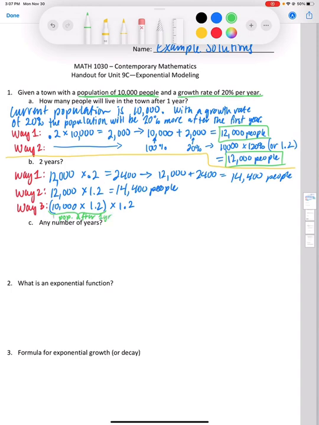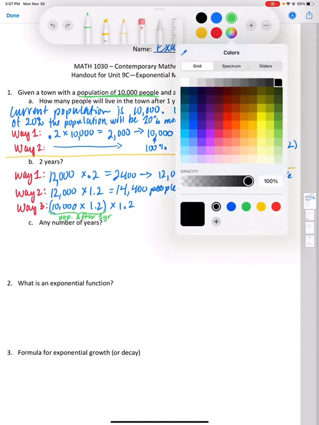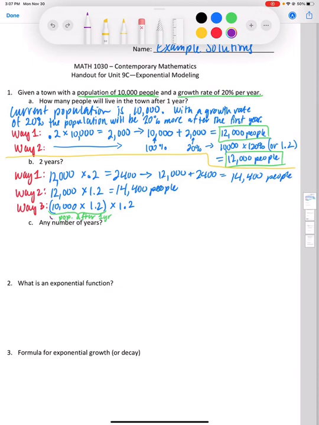And then if I multiply it by 1.2 again, I'll get the population after 2 years. So that's this one. So note that I'm multiplying the population by 1.2 twice.